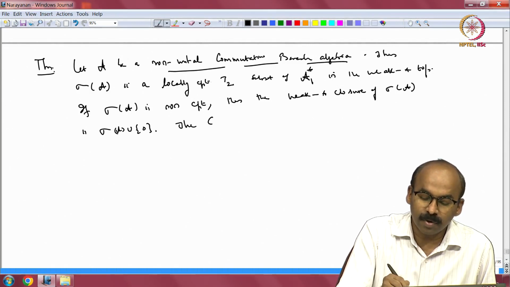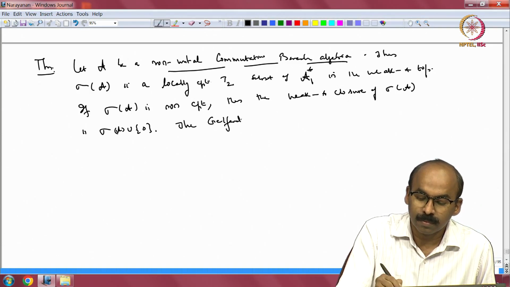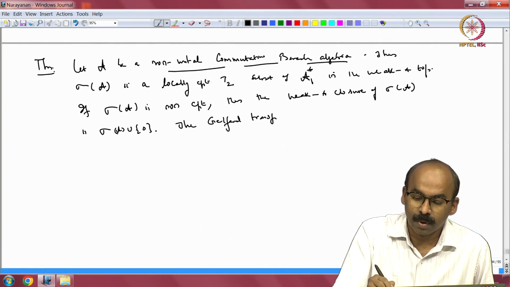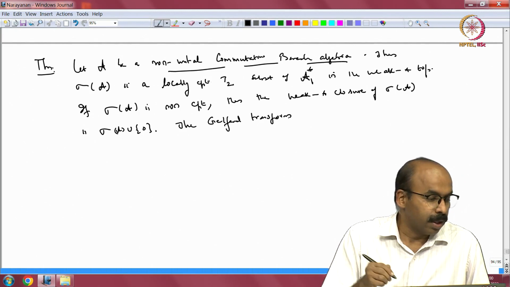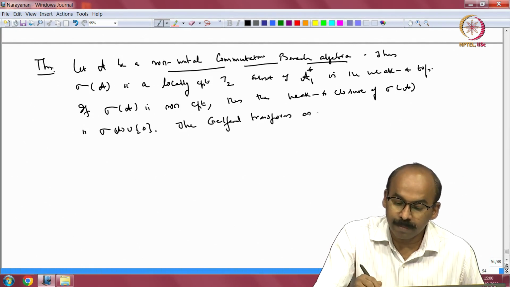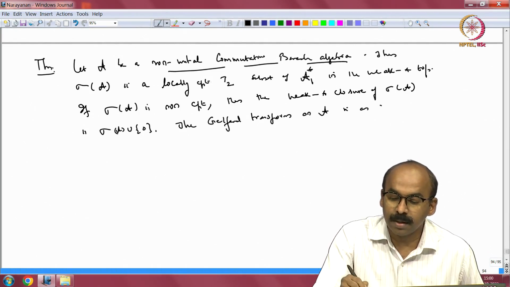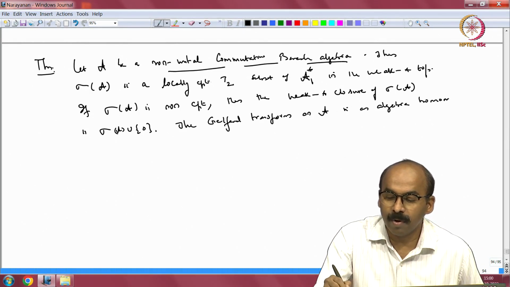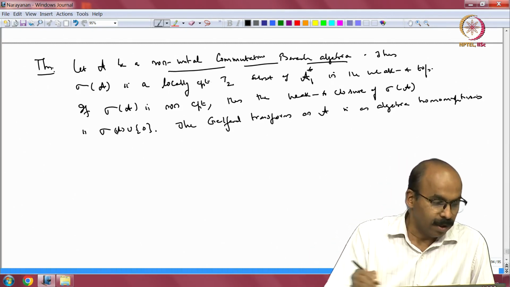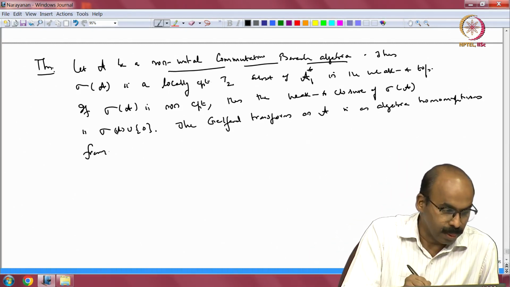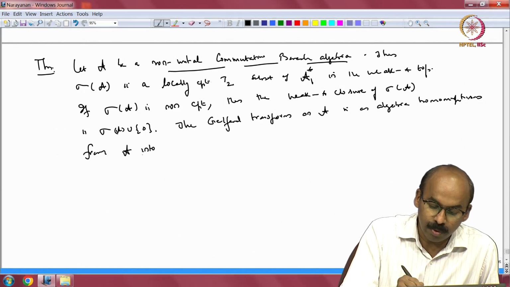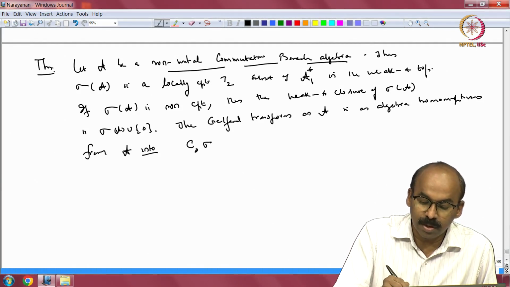And the Gelfand transform on A is an algebra homomorphism, all this we already know, from A into C0 of sigma A. Okay.